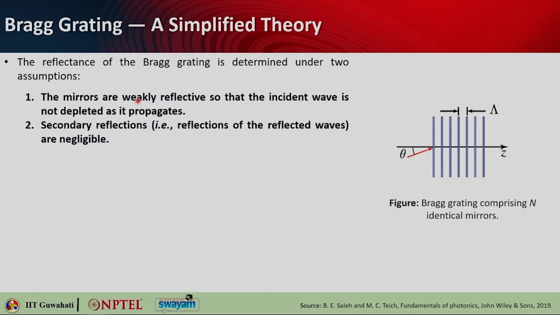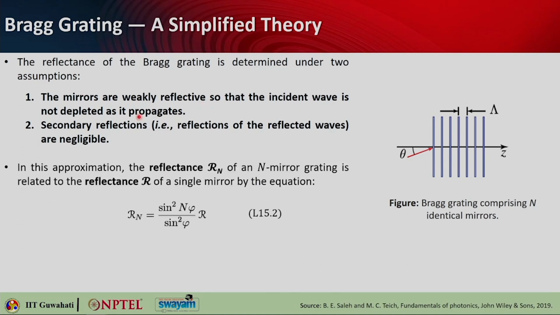The first one is that the mirrors are weakly reflective, so that the incident light is not depleted when it propagates. So, the reflection amplitude is very low. And the second is that secondary reflections, that means reflections of the reflected waves, are considered negligible because the first reflected wave itself is weak.